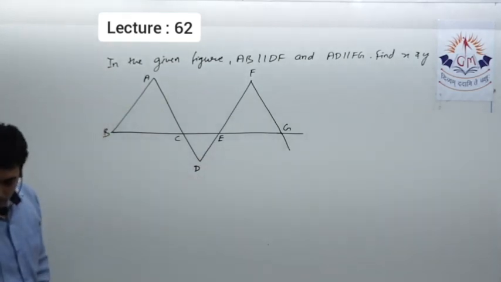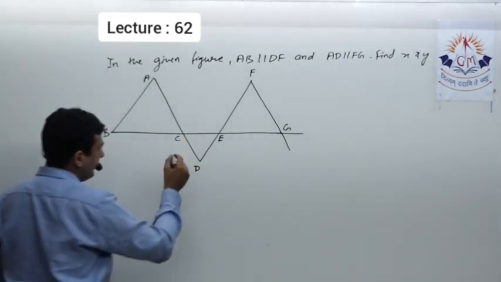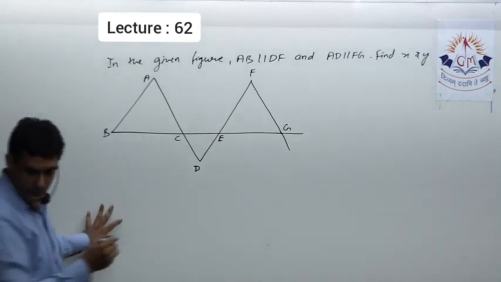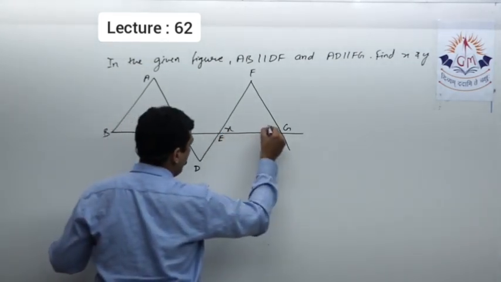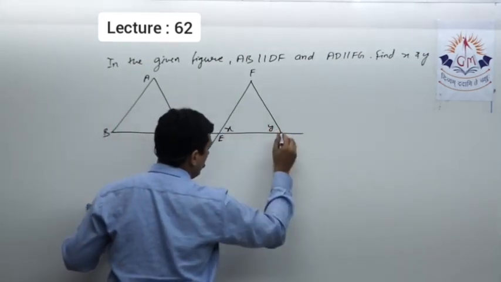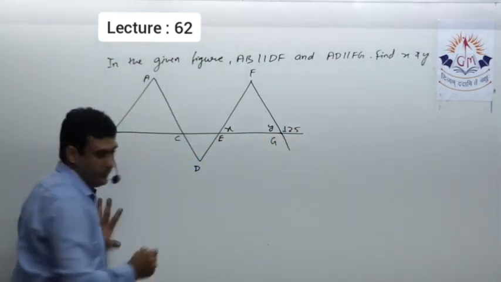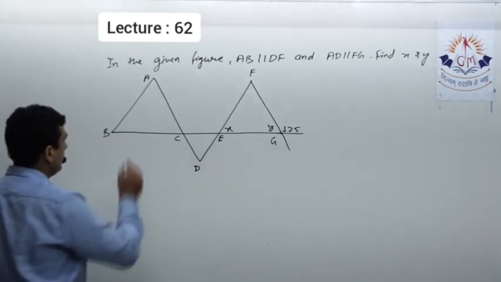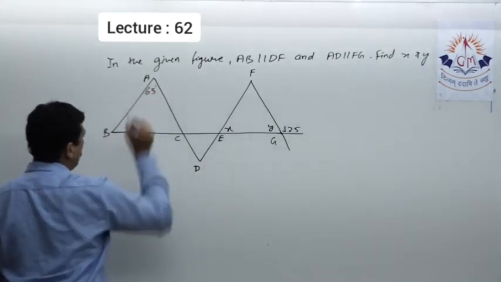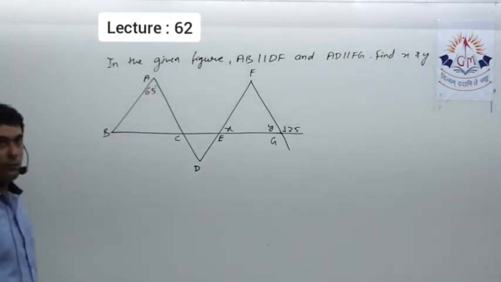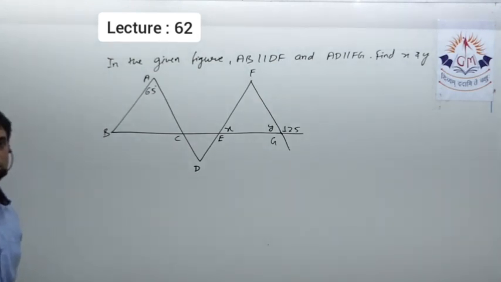Okay, and this angle is X and Y. This is X that we have to find, this is Y that we have to find. This point is G, this angle is 125, and one more angle is given, this angle is 65 degree. So think for a while, then I will give you its solution.